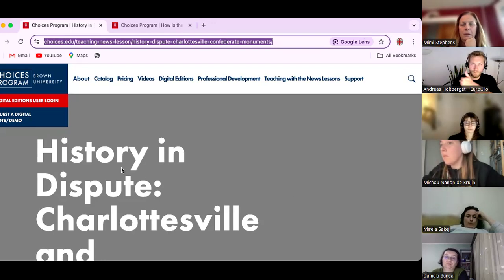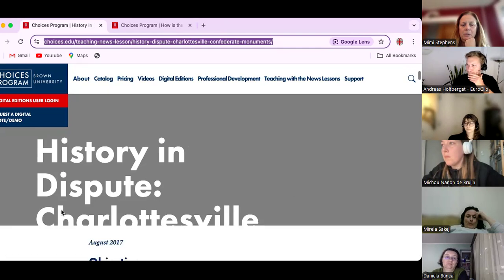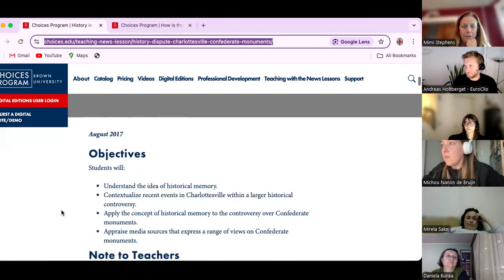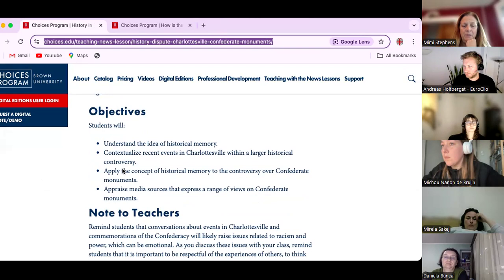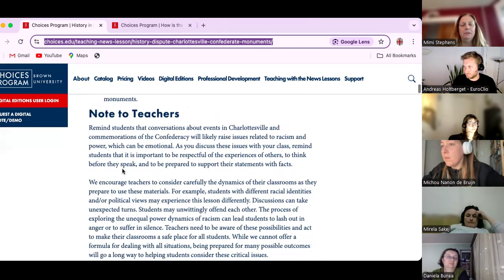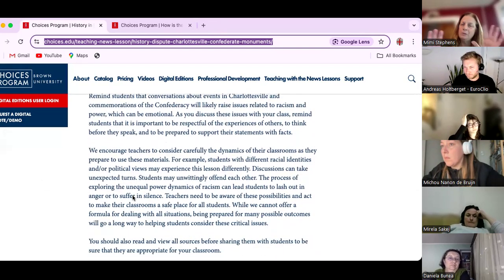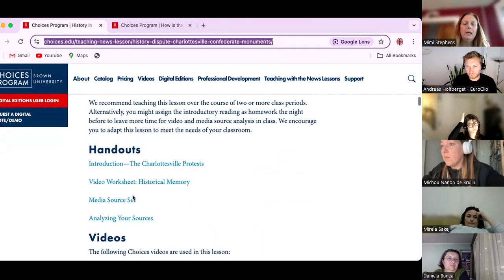Okay. So if you're on this page, History and Dispute, Charlottesville, the Confederate monuments, you see there's the objectives. There's a note to teachers about being sensitive about bringing up these issues of race and power, et cetera. And then down here is the introduction, the 4-page introduction that I said you can skim at another time. There's the worksheet.